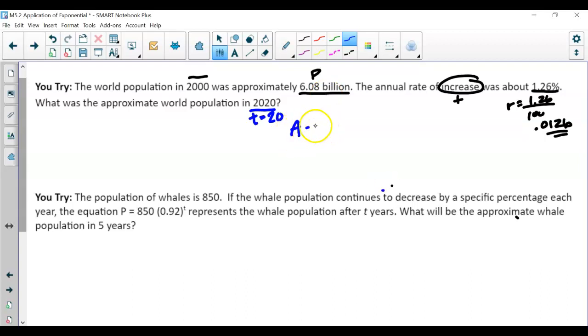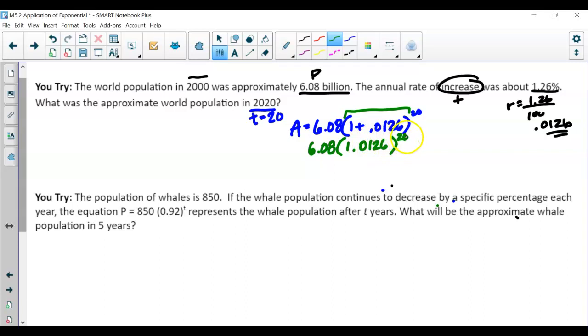So A is equal to 6.08 times 1 plus 0.0126. Raise that to the 20th power. So here, what you should have ended up putting in your calculator is 6.08 times 1.0126. Raise that to the 20th power. And the population is approximately 7.8 billion.